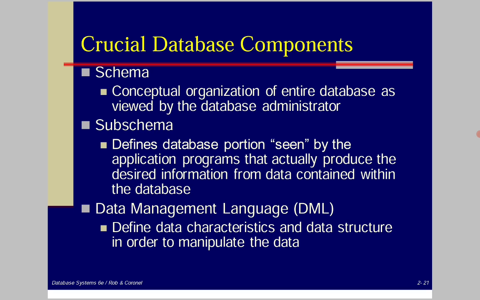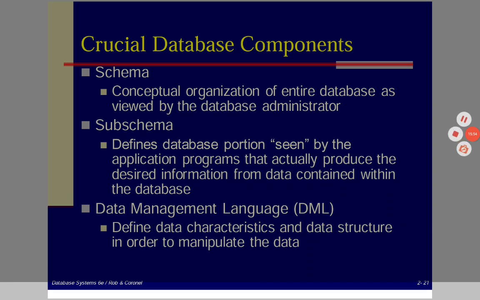Schema, what is schema? Conceptual organization of the entire database as viewed by the database administrator is called a schema. Subschema defines the database portion, and data manipulation language, DML, defines data characteristics and data structure in order to manipulate the data.